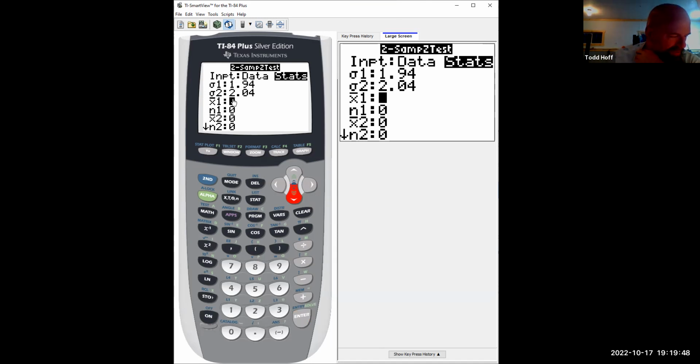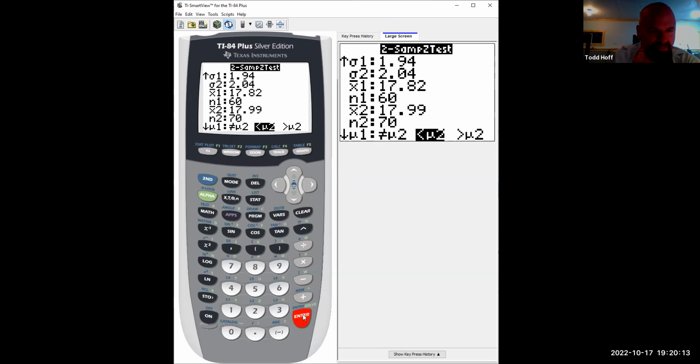The mean of sample 1 is 17.82. The size of sample 1 goes in there, 60. The mean of sample 2 is 17.99. The size of sample 2 is 70. Okay, making sure I got them all entered correctly.